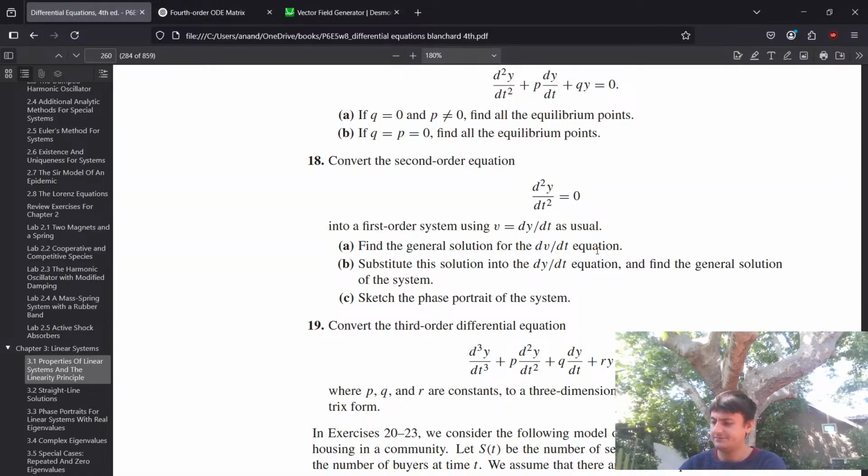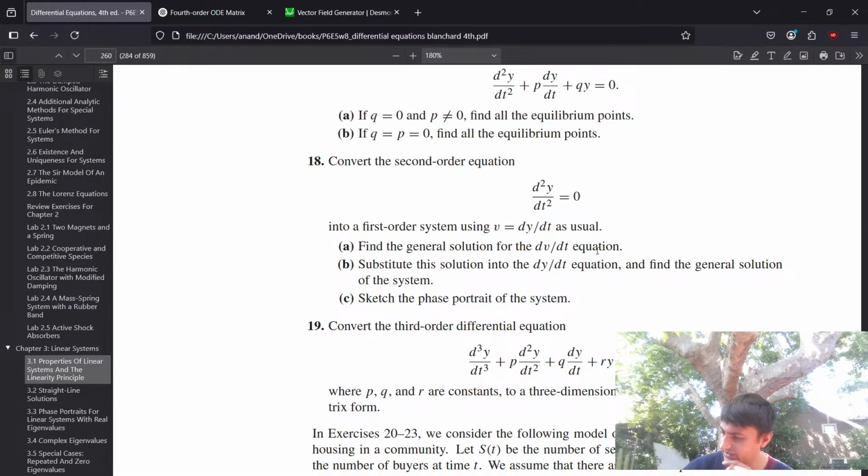General solution of that. What is that going to be? So you're going to have y prime equals v, v prime equals 0. So then the matrix is going to be 0, 1, 0, 0. So just like we had, right? So then we're going to have dy/dt is equal to v. So dv/dt is equal to 0.